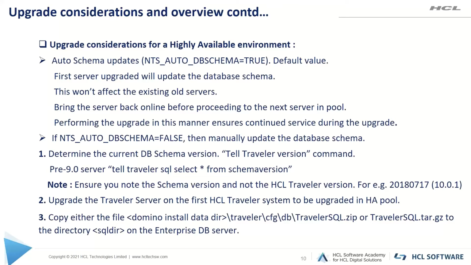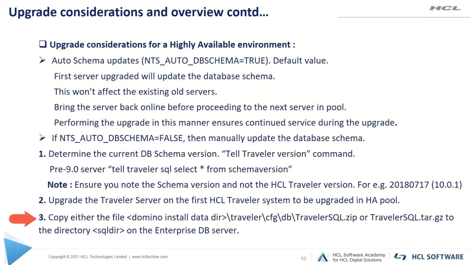Next step will be to upgrade the first server in a Traveler HA pool. Once you have upgraded the server, under the Domino directory path, Traveler CFG and DB folder, you will find the Traveler SQL.zip or Traveler SQL.gz file, which you need to copy onto your SQL directory on the enterprise database.